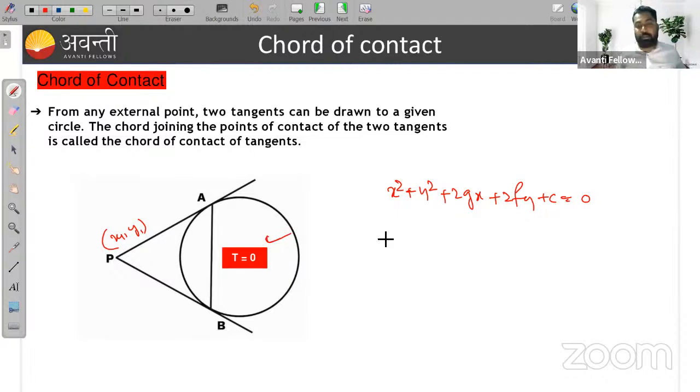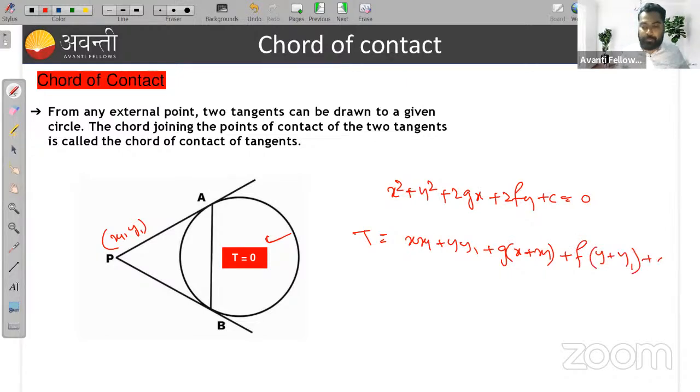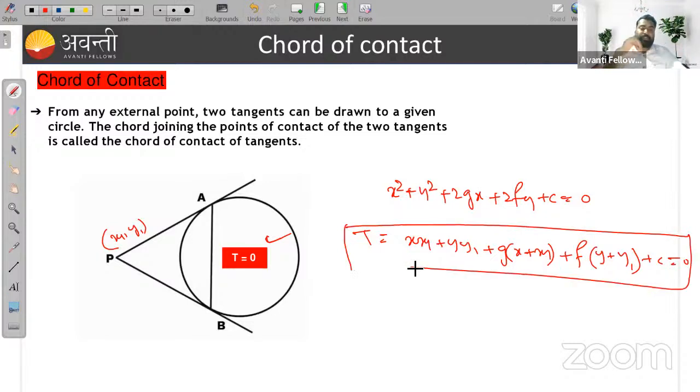Replace x square as xx1, so xx1 plus yy1 plus 2g into (x plus x1) by 2, that is g into (x plus x1), plus 2 into f into (y plus y1) by 2, that is f into (y plus y1), plus c is equal to 0. This is the equation of chord of contact from an external point. Clear, everyone?